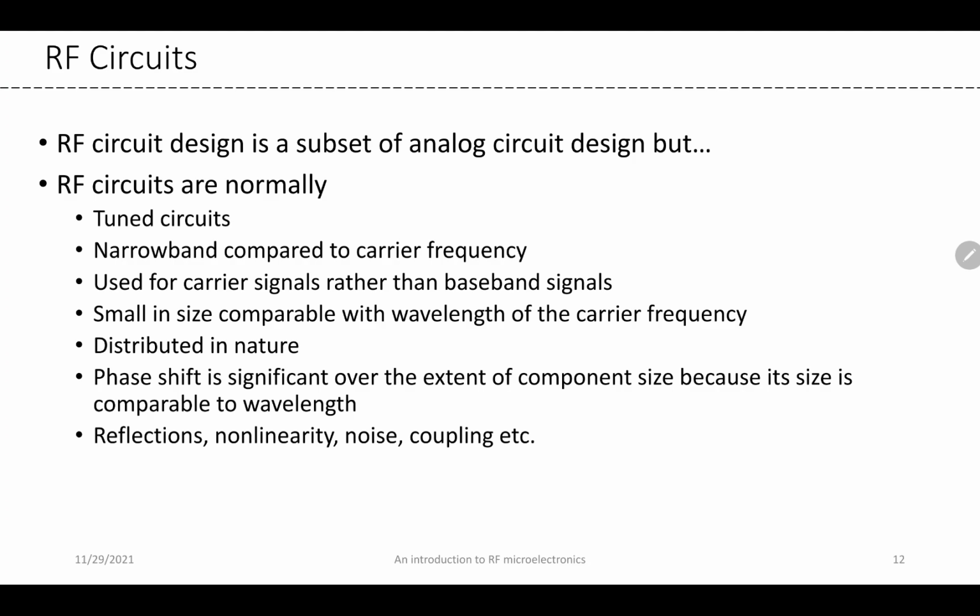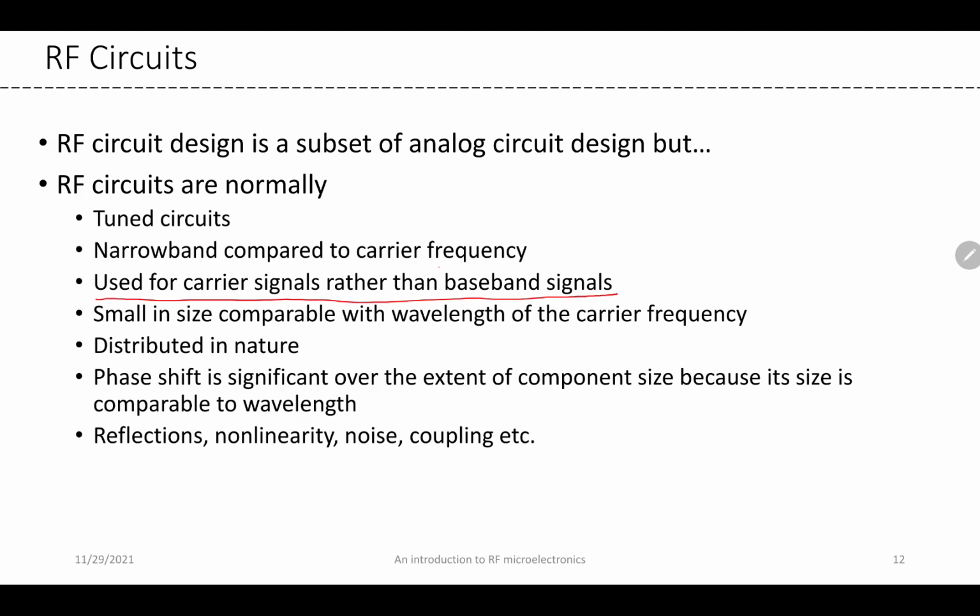Now, one might argue that there's not much difference between analog circuit design and RF circuit design, but they are different in many ways, and the way these circuits are designed is also different. So there are a few things I'd like to focus on.